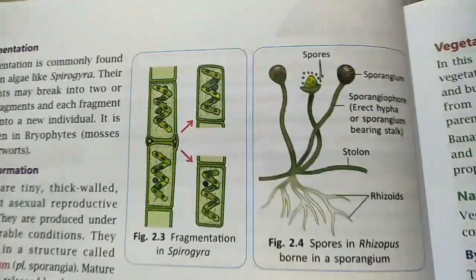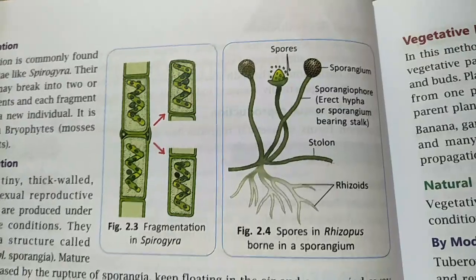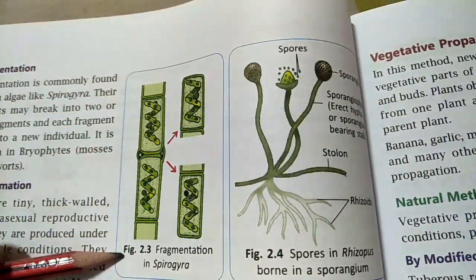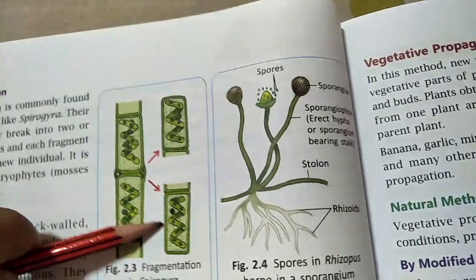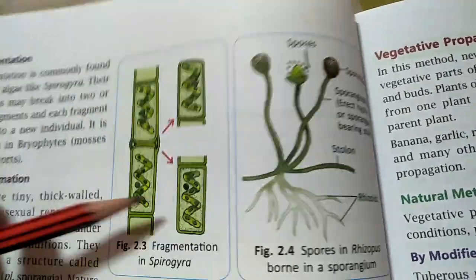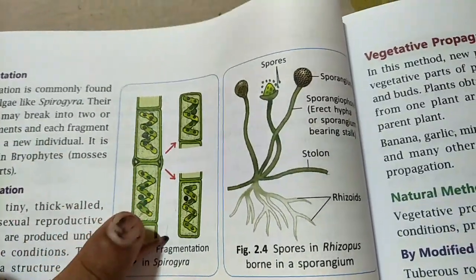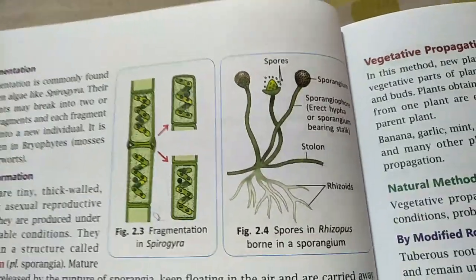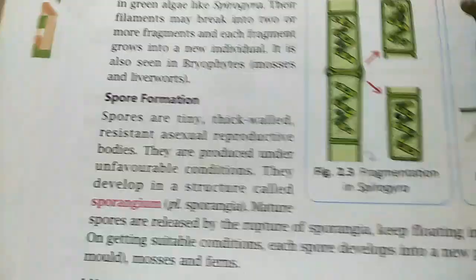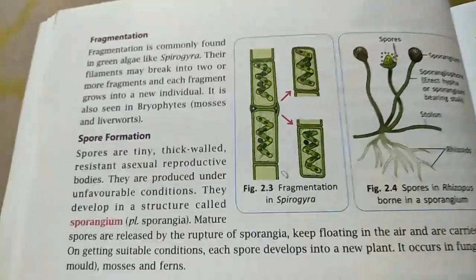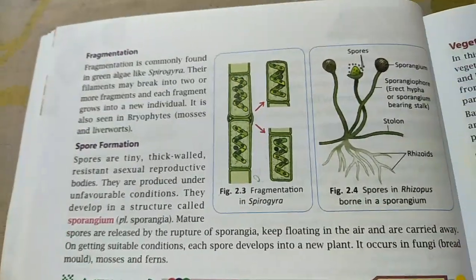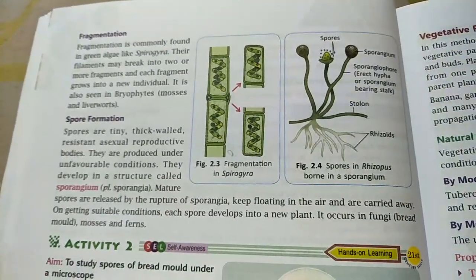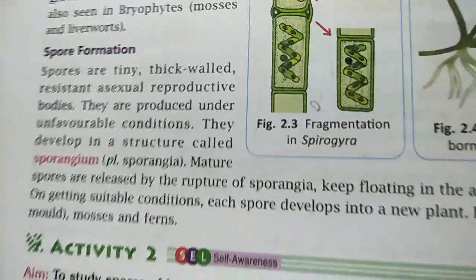So we can see here how it is happening. Fragmentation means to break, and this is a strand of Spirogyra. It has broken into two, as we see here, and then each grew separately as an individual. So we have understood that fragmentation means to break into small parts, and then each part develops into a mature one.